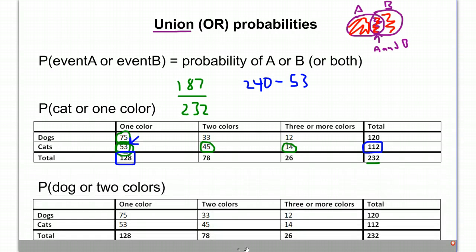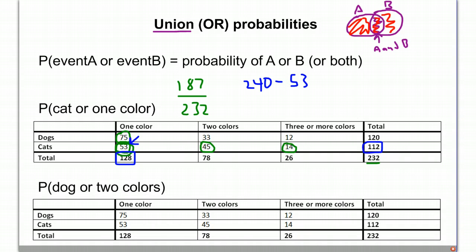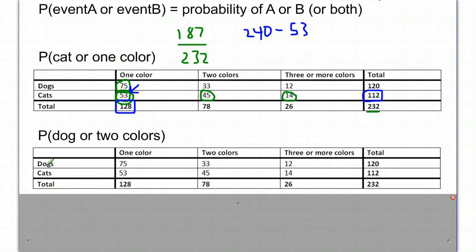So let's practice that again. Dog or 2 colors. And I like to use a highlighter when doing these because I can do it real quickly. Dogs. There's all my dogs. My 2 colors are right here. And I don't want to include the margins. I'm not counting the things in the margins, so I can erase that just to make sure that we don't get that confused. Don't need my labels anymore.